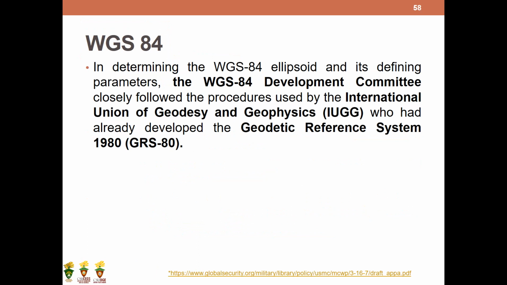And lastly, in determining the WGS84 ellipsoid and its defining parameters, the WGS84 Development Committee closely followed the procedures used by the International Union of Geodesy and Geophysics, or IUGG, who had already developed the Geodetic Reference System of 1980, or GRS 80.